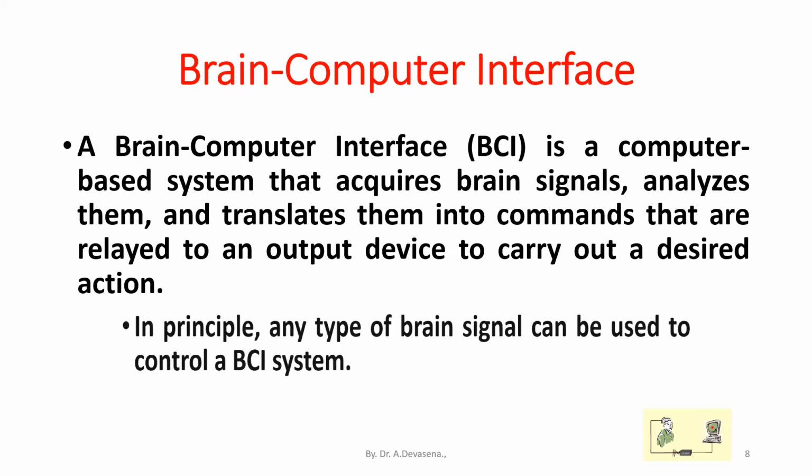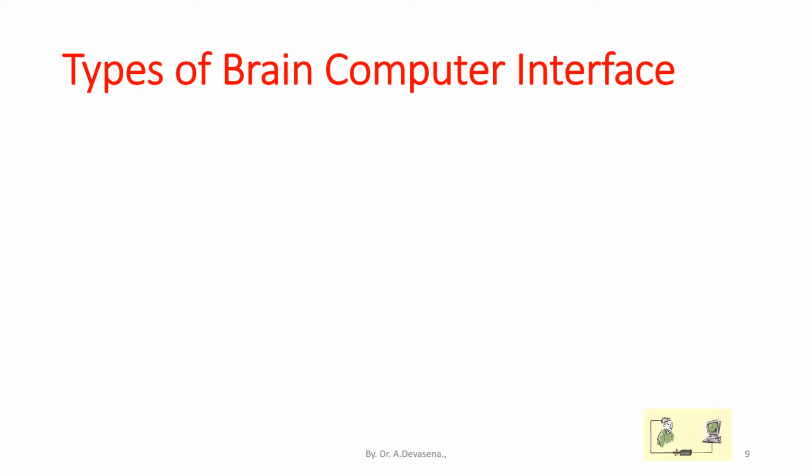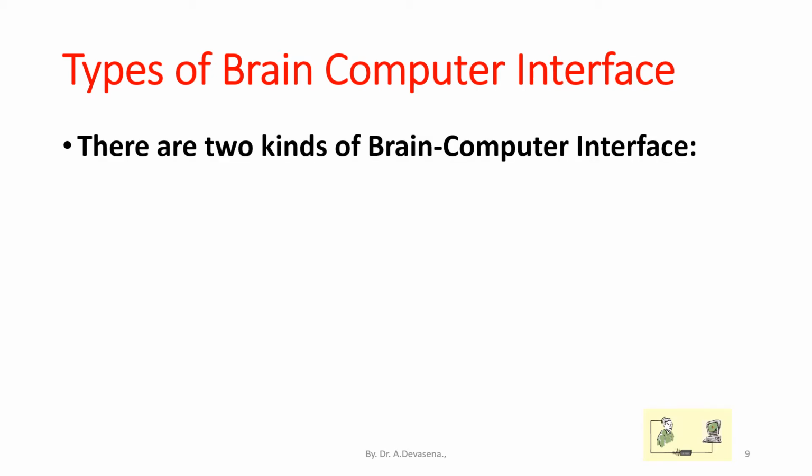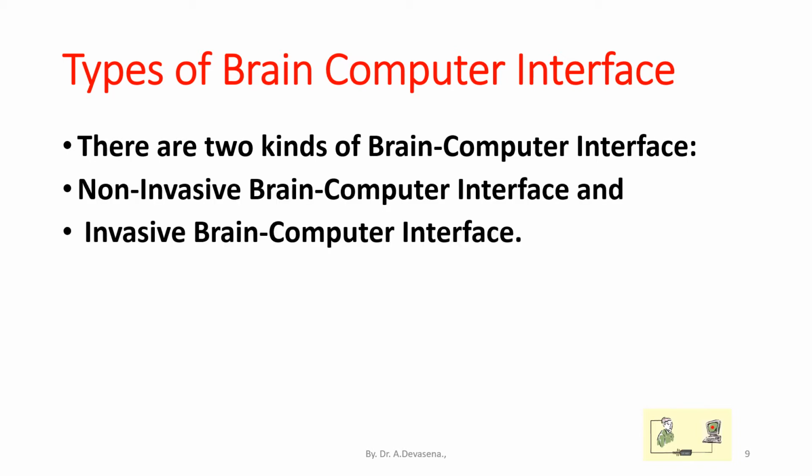In principle, any type of brain signal can be used to control a BCI system. Types of brain computer interface. There are two kinds of brain computer interface. They are non-invasive brain computer interface and invasive brain computer interface.